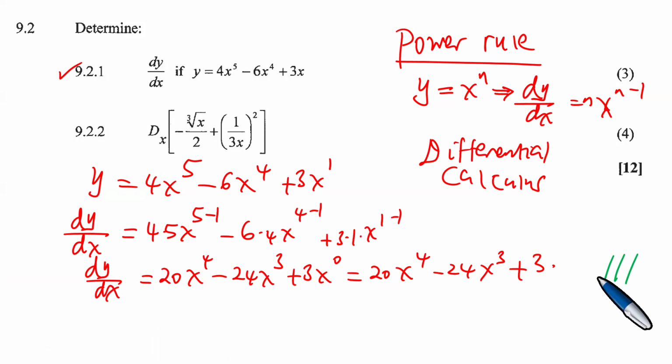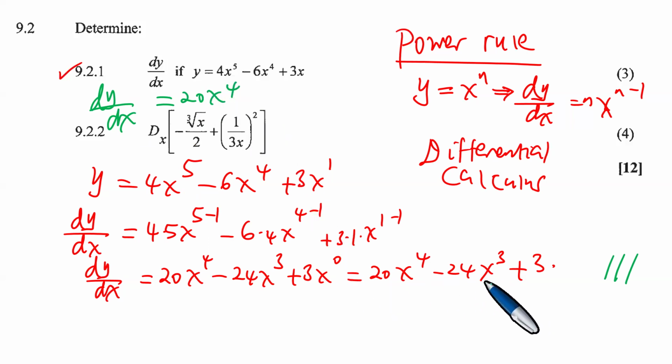We want to be engineers, we want to be pilots, we want to be astronauts, and this is the way. So in the end, Mr. Examiner, dy/dx equals 20x to the 4th power minus 24x to the 3rd power plus 3, and this is the result.